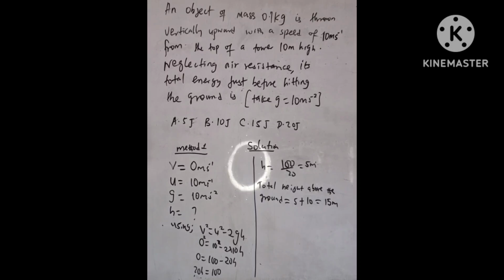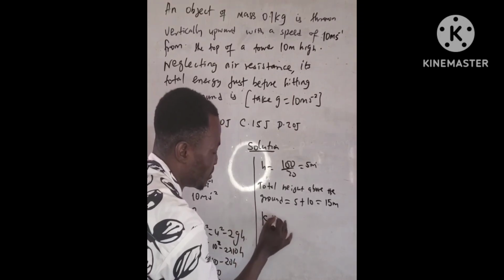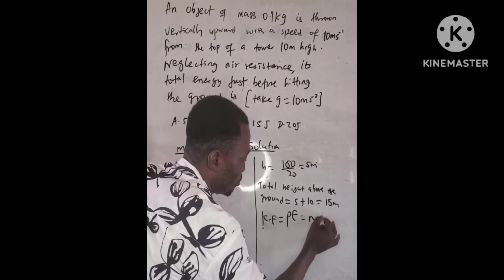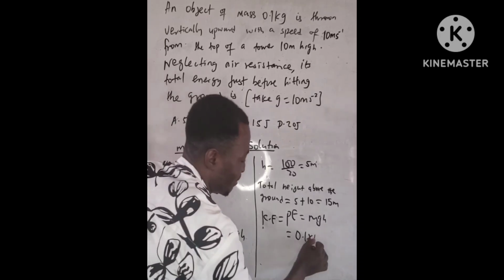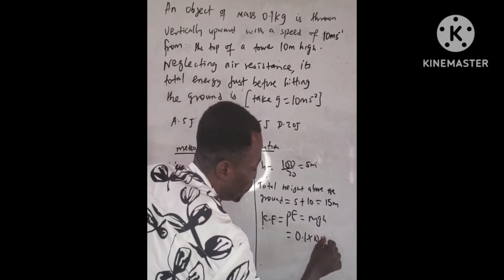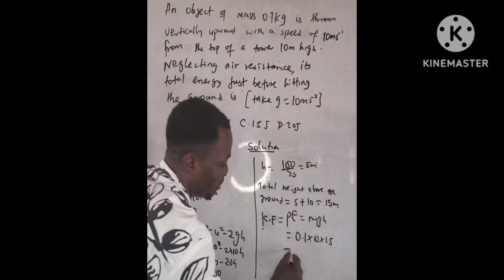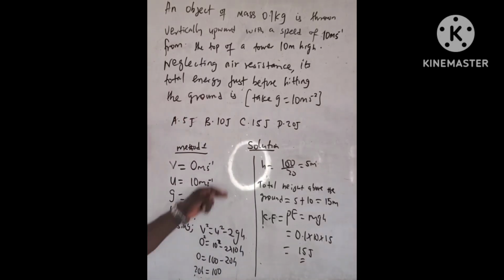Now, we can use the fact that the potential energy at the maximum height is equal to the kinetic energy before it hits the ground. So the KE before hitting the ground is equal to PE at its maximum height, which is mgh. And that is 0.1 times 10 times the height now, which is 15 we have gotten there. And that gives us 15 joules.